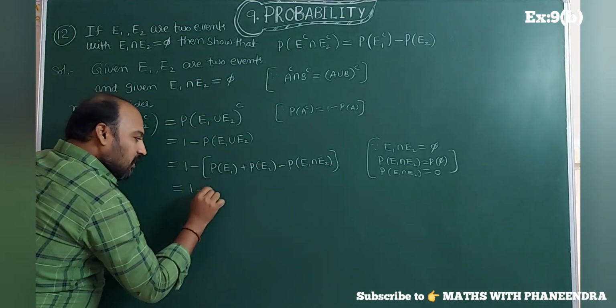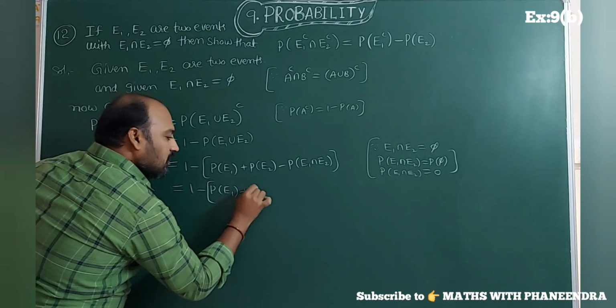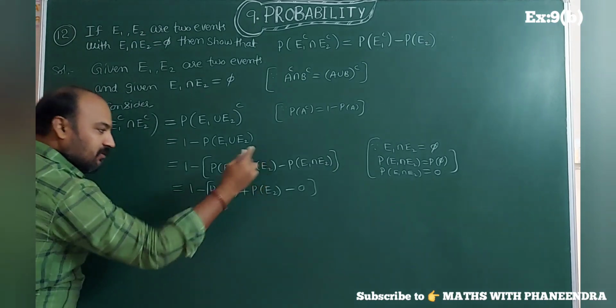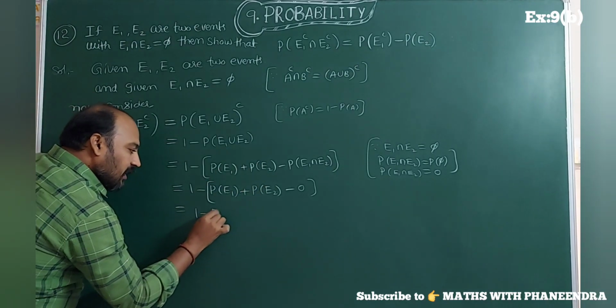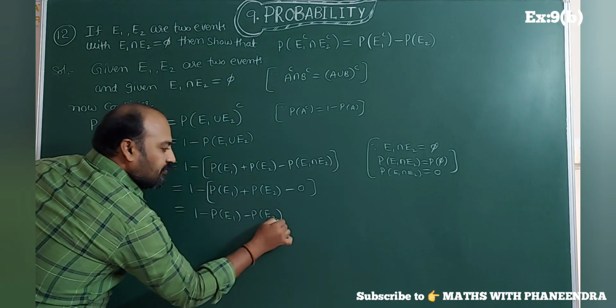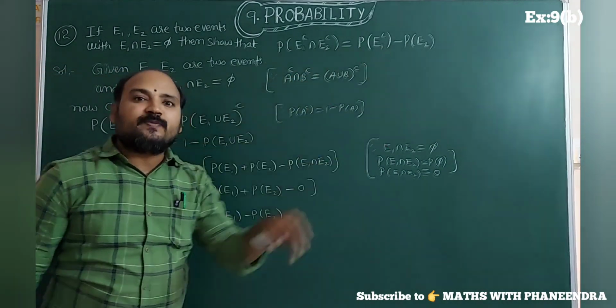1 minus P of E1 plus P of E2, this value is 0 only. So each and every time multiplying by minus, 1 minus P of E1 minus P of E2. What they are asking to prove? P of E1 complement minus P of E2.